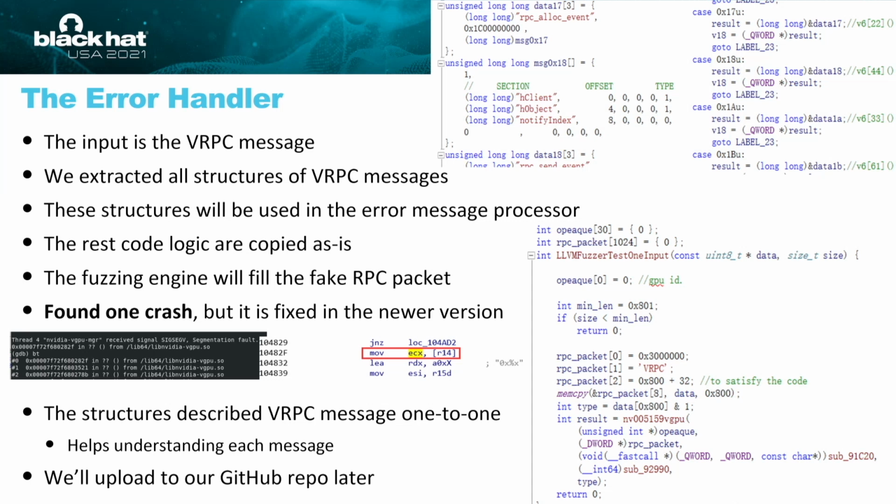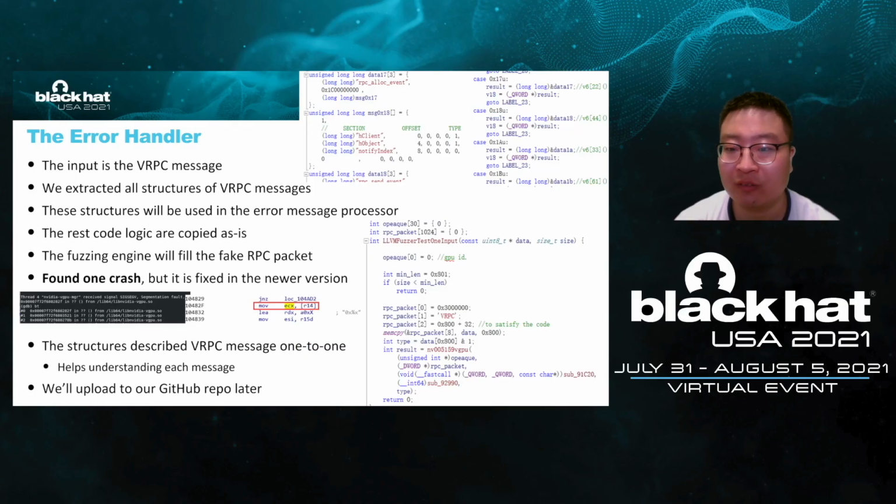For example, the top center figure shows the 0x17 RPC message is named RPC alloc event, and we know it is allocating something. And it has three members: hClient for body offset 0, hObject for body index 1, and notify index for body index 2.